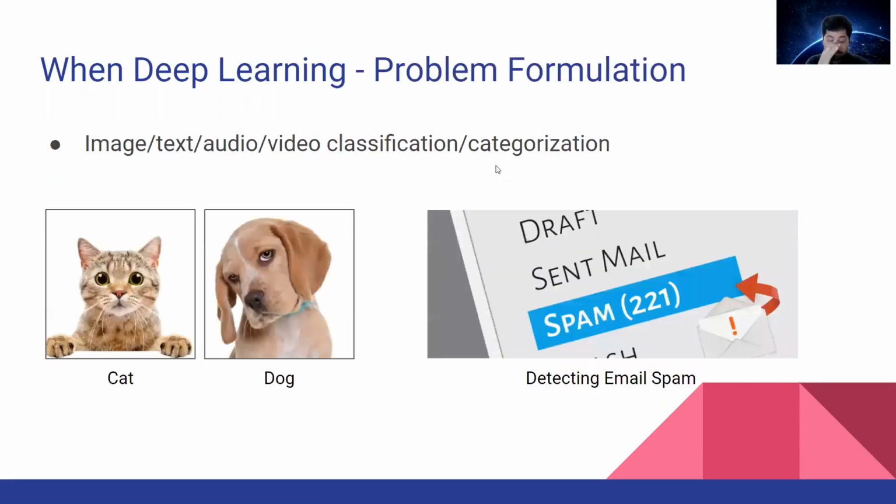Next, the types of problems. It is also very important to know which kinds of problems we can solve. It's very useful to realize that we can categorize our problems into ones that deep learning can solve.